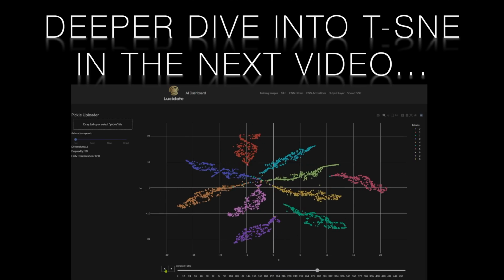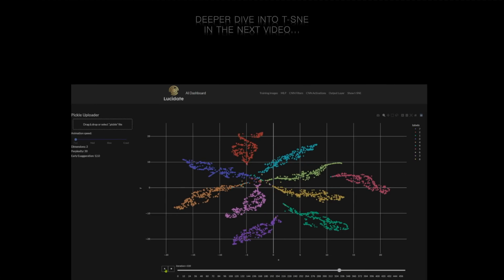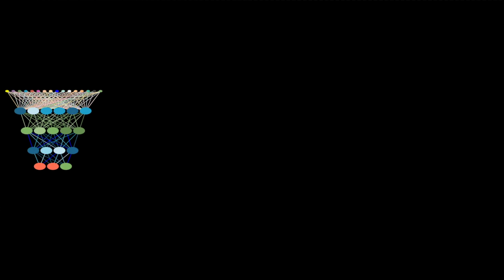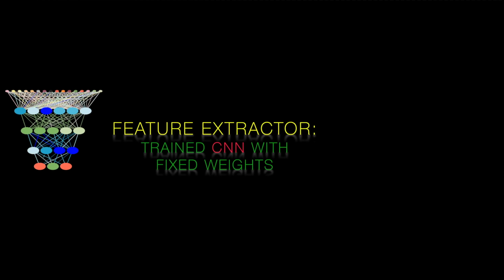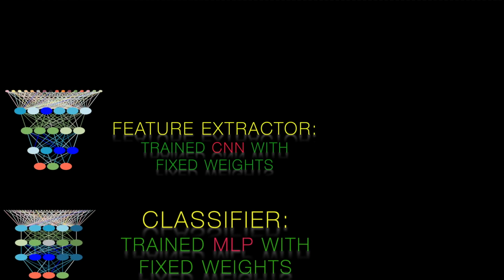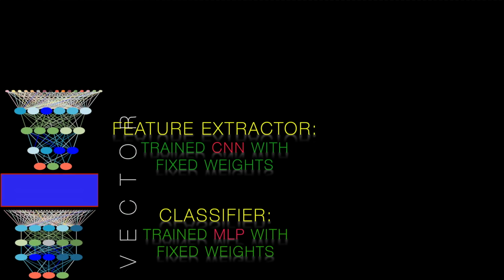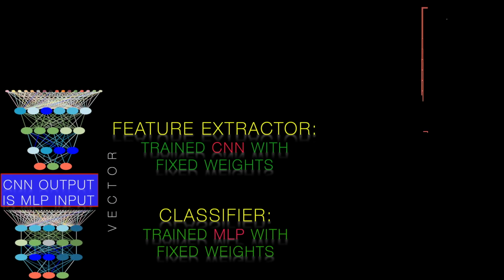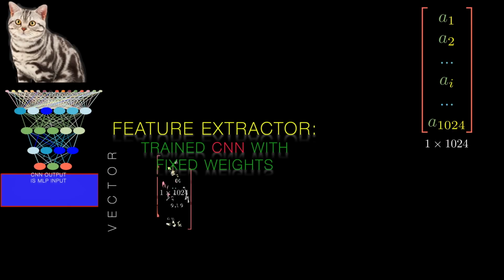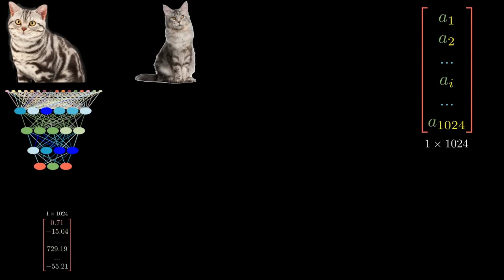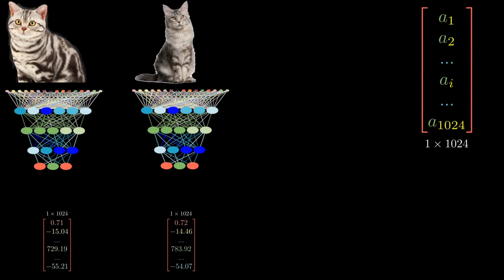Here's a quick overview. Once we've trained our network, we can pass through some data. The output of our feature extractor, the CNN bit, will be sent to our classifier, the MLP bit. The input to the classifier is just a vector of floating point numbers. If we send a picture of a cat, we'll get a vector. If we send in another picture of a cat, we'll get another vector.